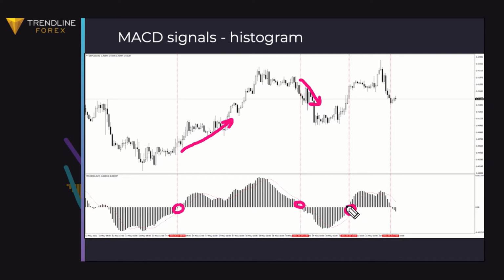Here again, same thing and the same market reaction. This is one way to use this indicator, but I wouldn't say the best way. However, you can use it for extra confirmation when opening a new position, but entering a trade based on the 0 level only is not suggested.